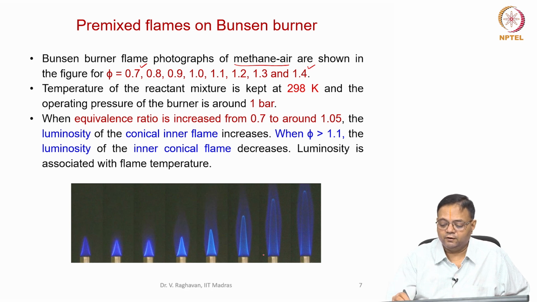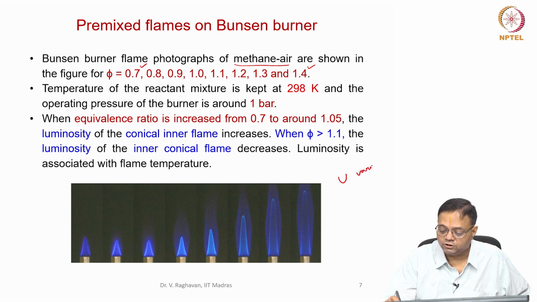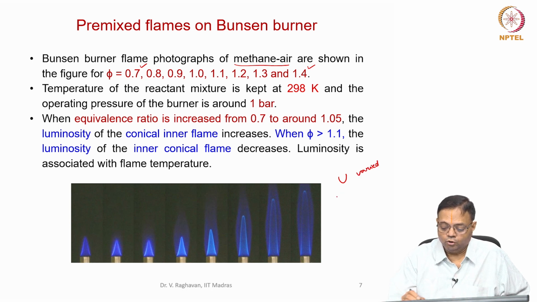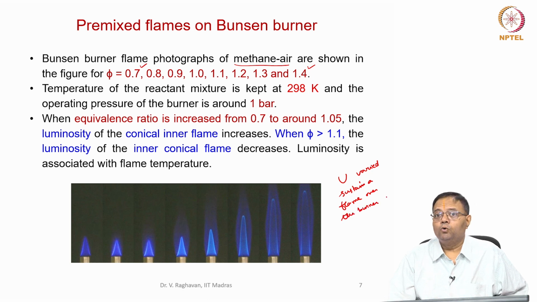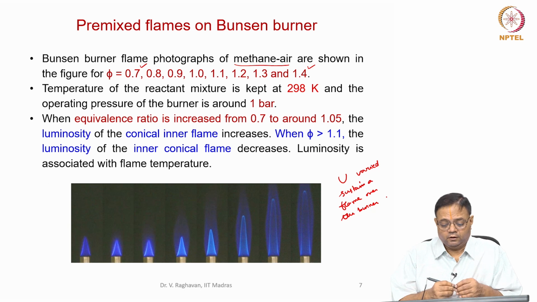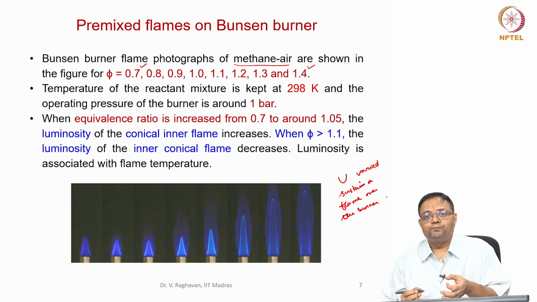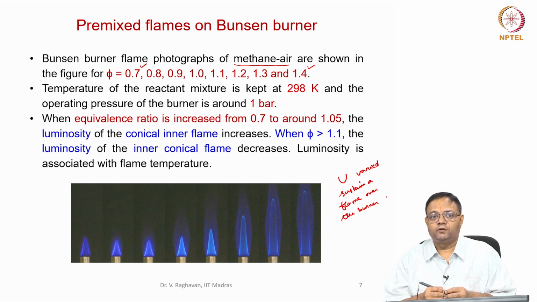Please understand that U, the average velocity, is varied, it is not constant, it is varied to sustain a flame over the burner, because for a given diameter there should be a particular velocity to anchor the flame. If the velocity is too high, then the flame will lift off.